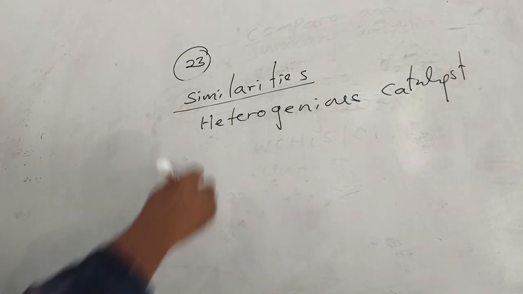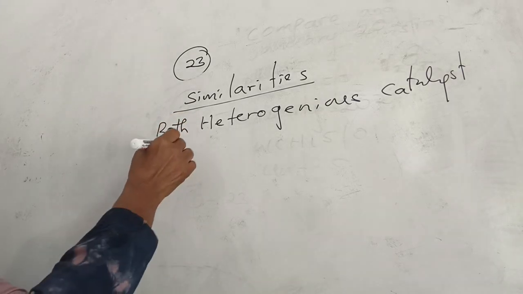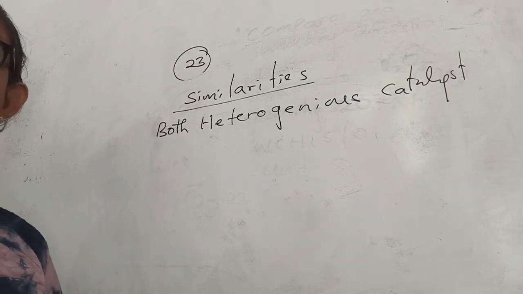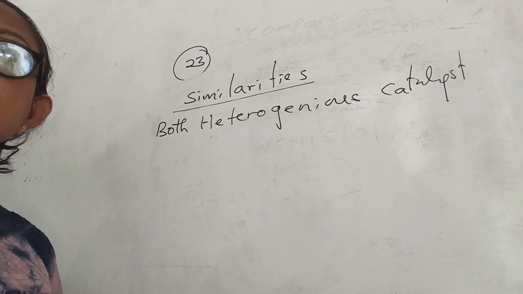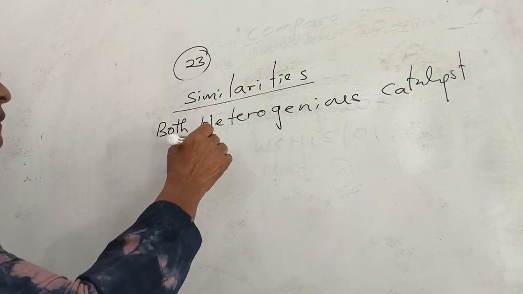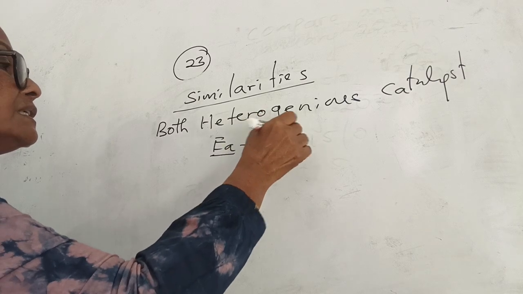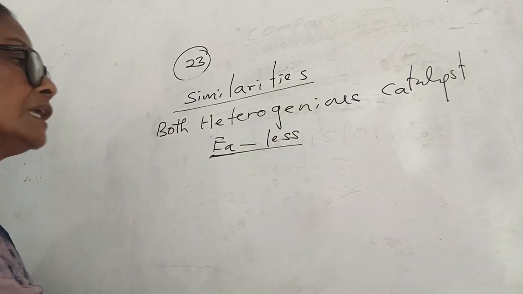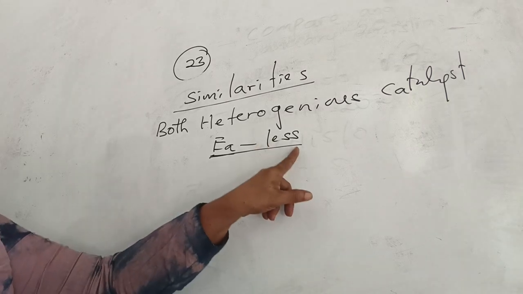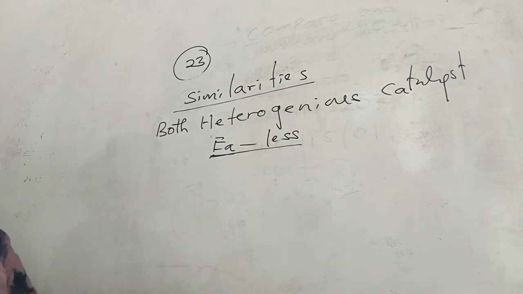At the same time, they both provide alternative paths with low activation energy. Activation energy is less because both of them produce alternative paths to reduce activation energy. With low activation energy, the rate of the reaction becomes faster.